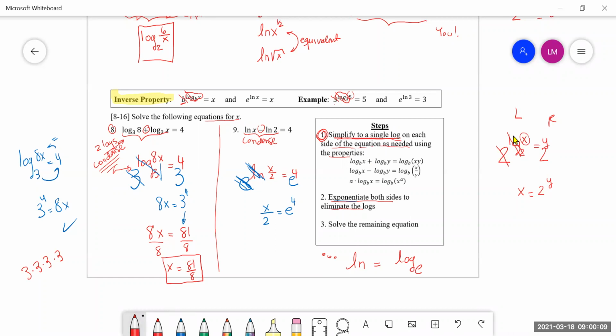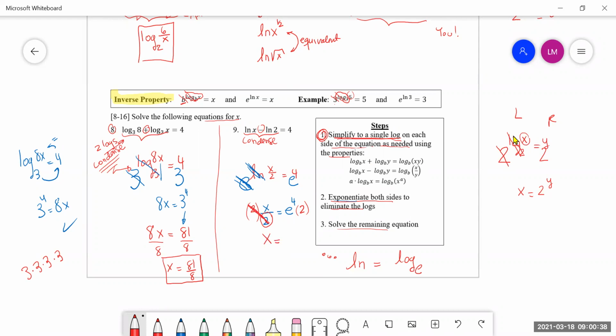Now I want to solve for x, solve the remaining equation. So I want to get rid of this denominator. Whenever I want to get rid of the denominator, we multiply by a reciprocal on both sides. The 2 on the denominator tells me that it is 1/2. So I'm going to multiply by 2 over 1 on the left and 2 over 1 on the right. On the left, it will undo each other, we'll have an x.